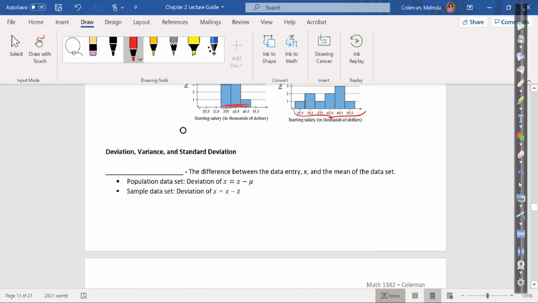Right. So the variance then is the difference between the data entry X and the mean of the data set. So population variance says take each data point and subtract the mean. So X minus mu, this is the data point minus the mean.